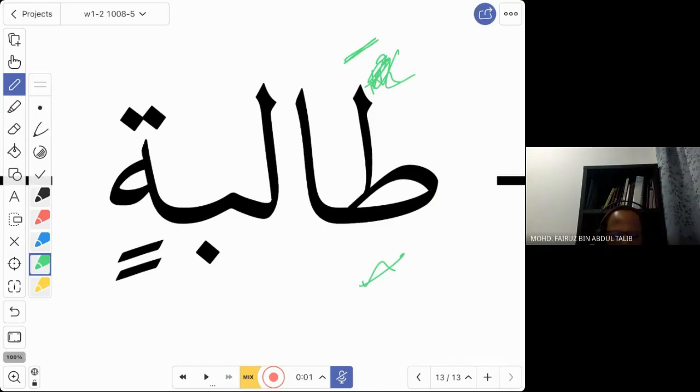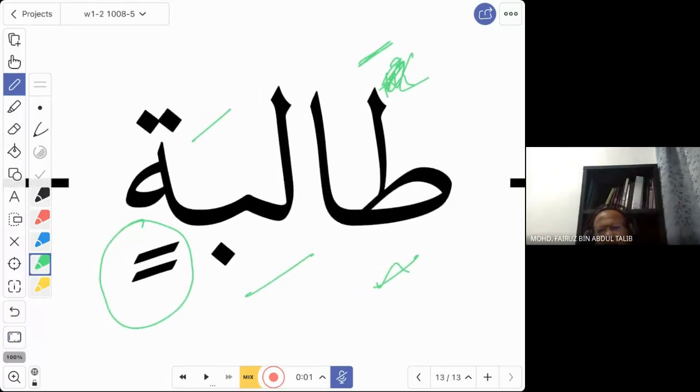Here you need the vowel because you do not know whether it is tali, tali, or talu. We do not know, right? Because we have not learned this word yet. Okay, this is li, and this is ba. Talibah, or you can read talibatin with this tanwin. And what is a talib or talibah?